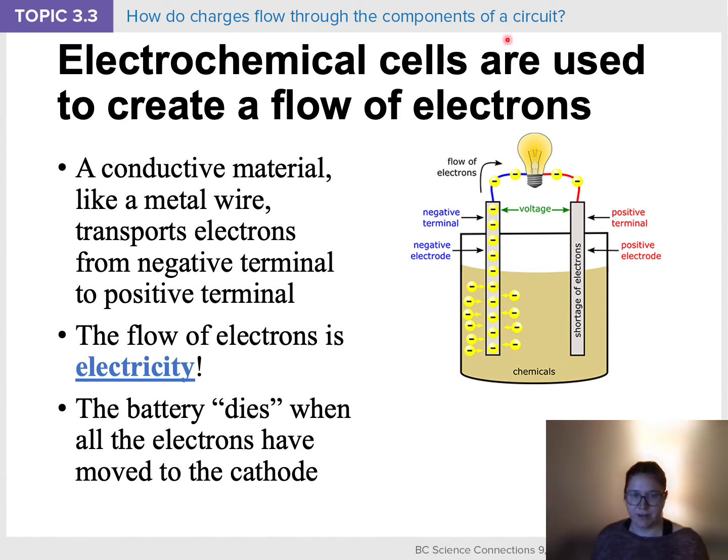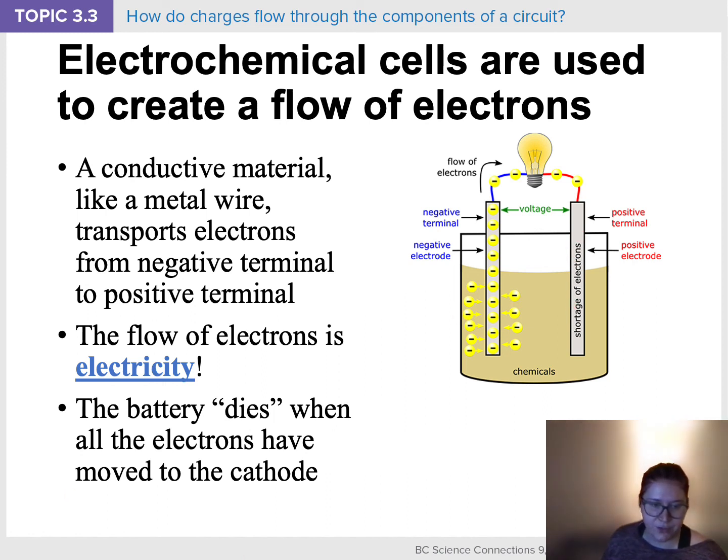And you remember that opposite charges attract. So these negative electrons want to get back to the positively charged electrode. They can't get through this chemical, so when you connect it to something that conducts electricity, the electrons will move along it to get to the positive electrode.